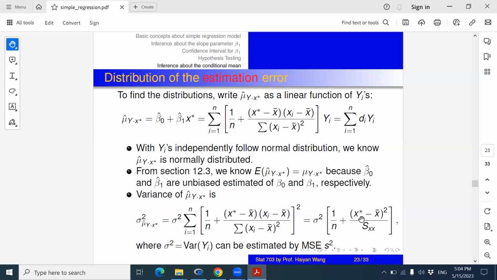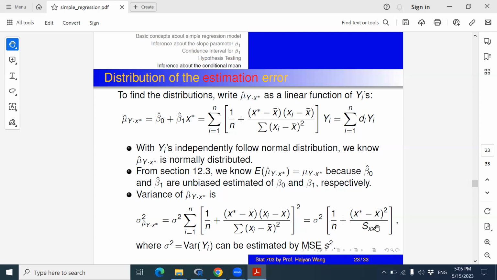The denominator of the ratio is how much variation in the data we were provided to estimate the slope parameter. The numerator is how much this new observation x star deviates from the average center of the x. So, this variance of the mu hat has a part that relates to x, and a part that relates to the sample size, 1 over n.